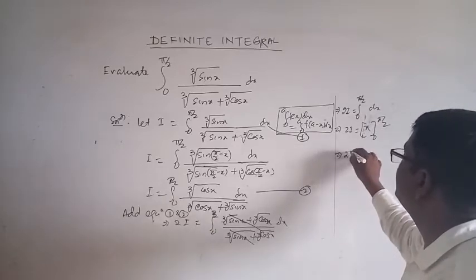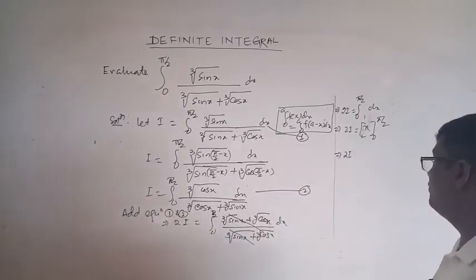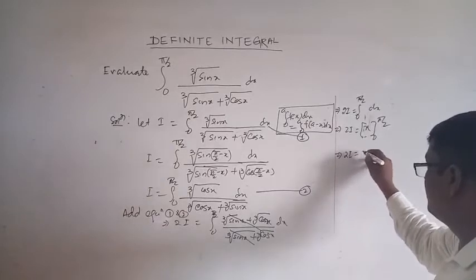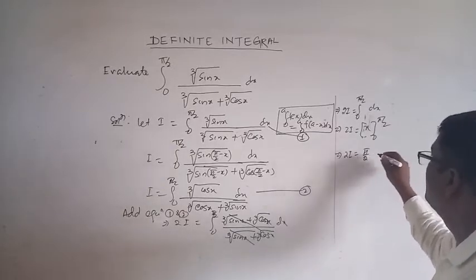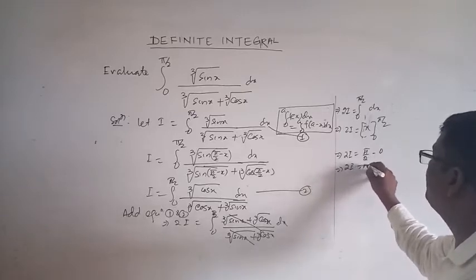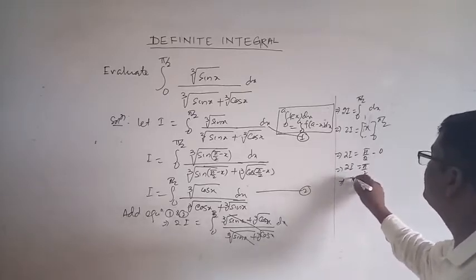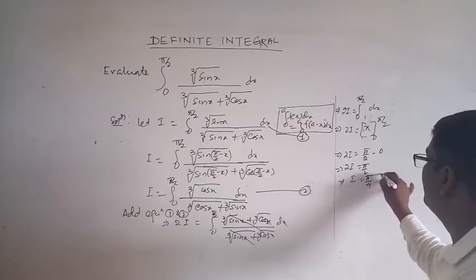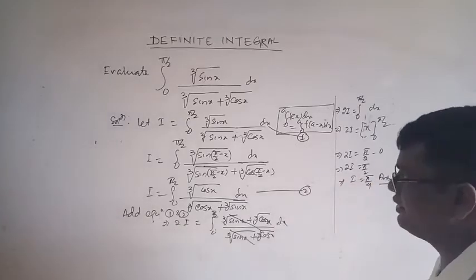So 2I is equal to pi by 2 minus 0, and I is equal to pi by 4. Pi by 4 is the answer.